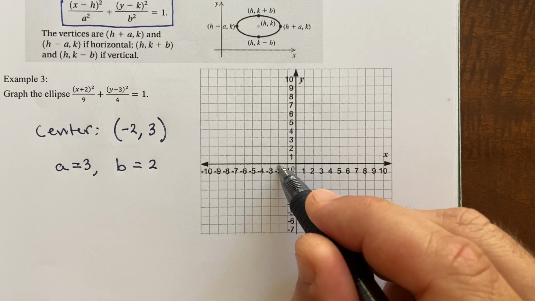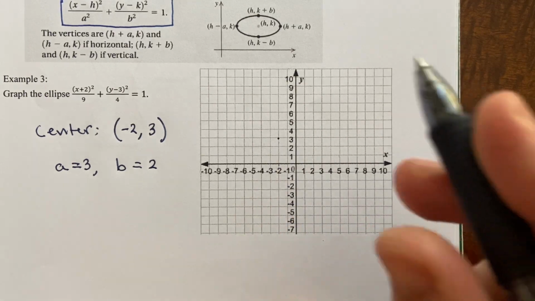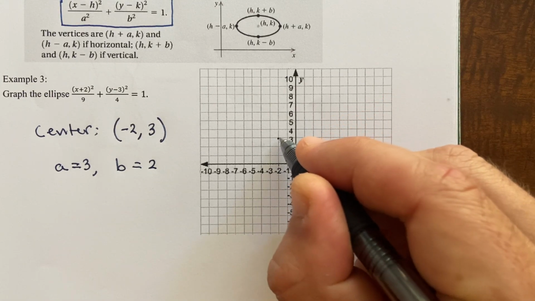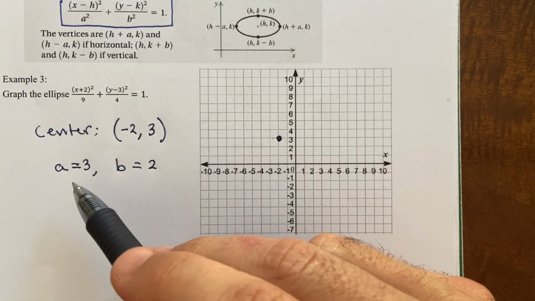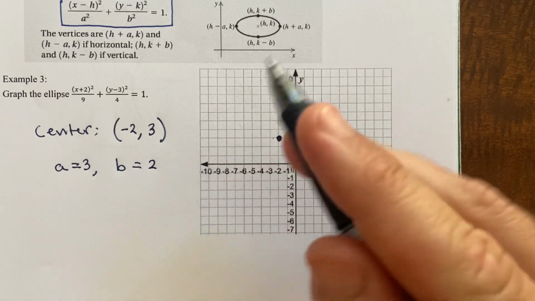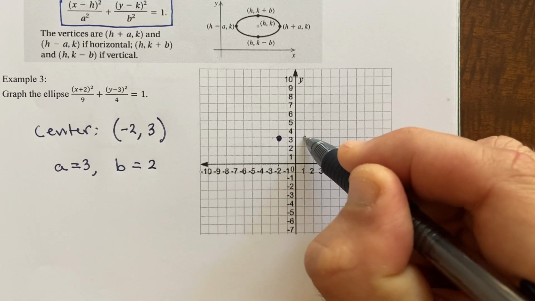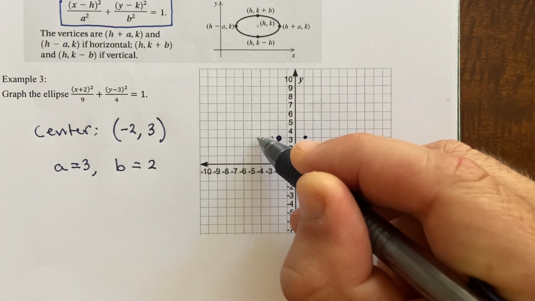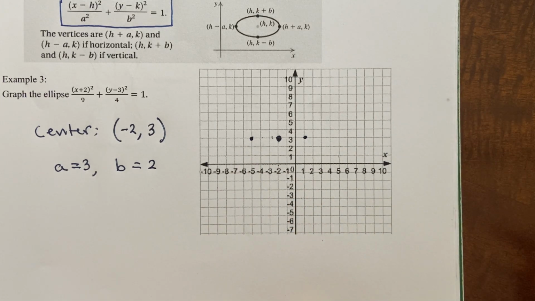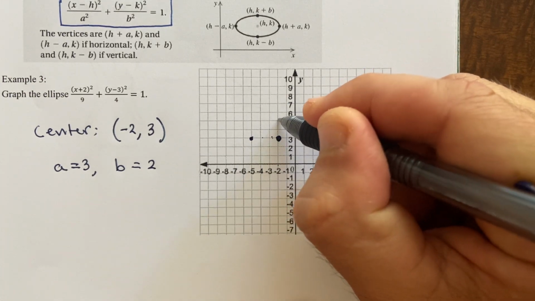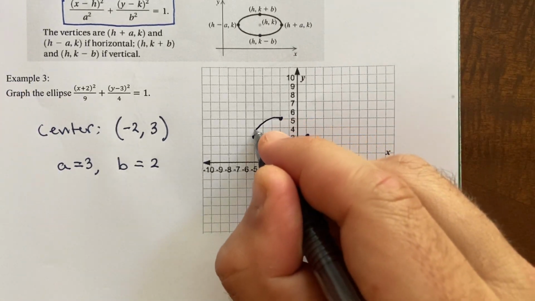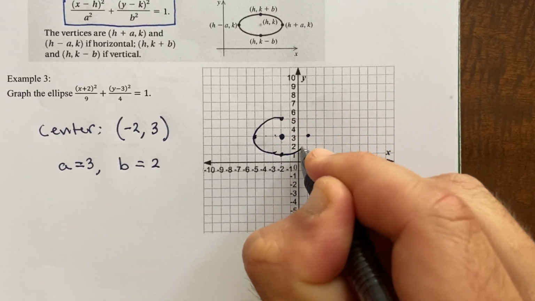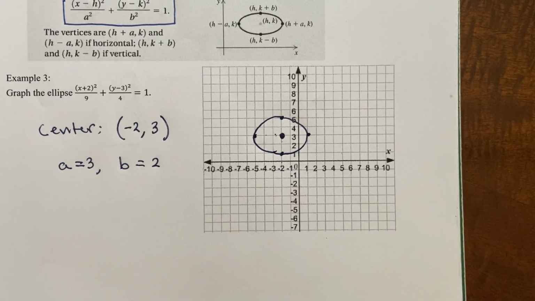So from -2, 3, from the center, I'm going to count these distances now. So 1, 2, 3, 1, 2, 3, 1, 2, 1, 2. All right, that's that.